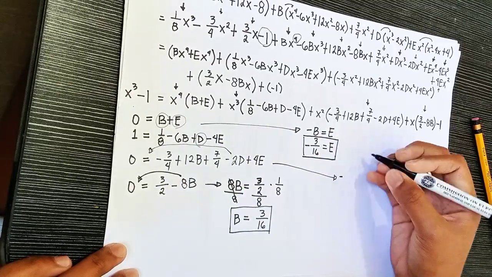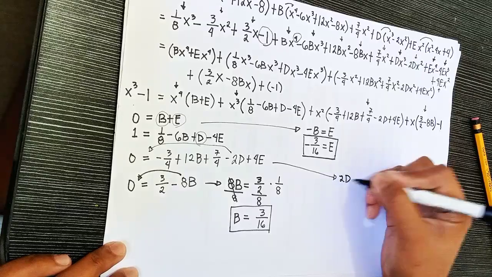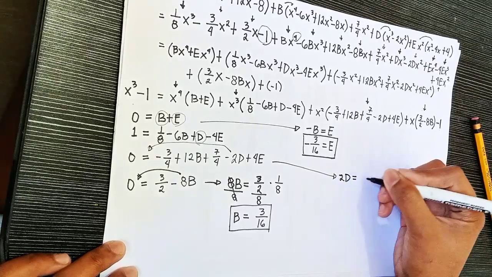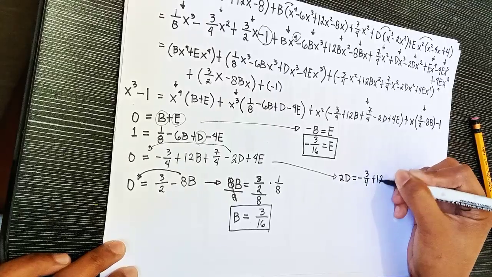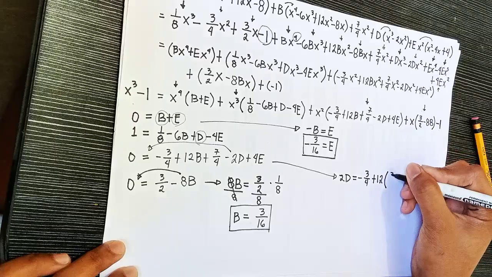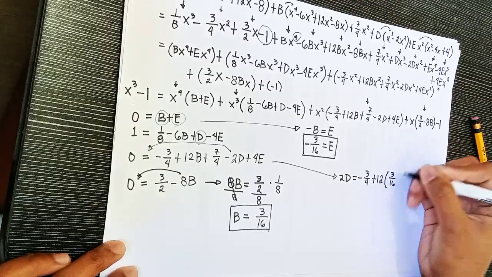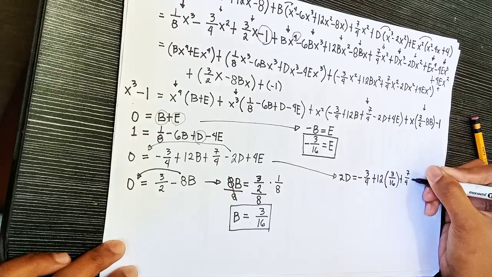Since it is negative, it becomes positive when transposed. So, we have 2D equals negative 3/4 plus 12 times B.